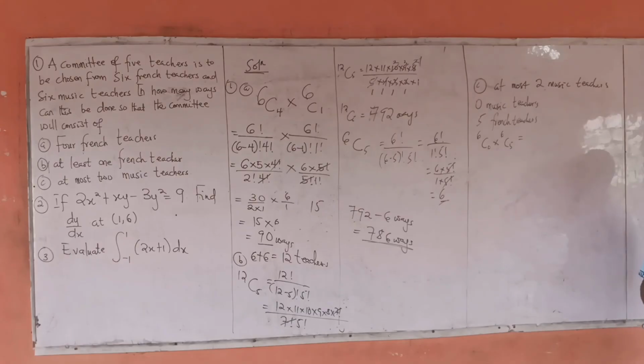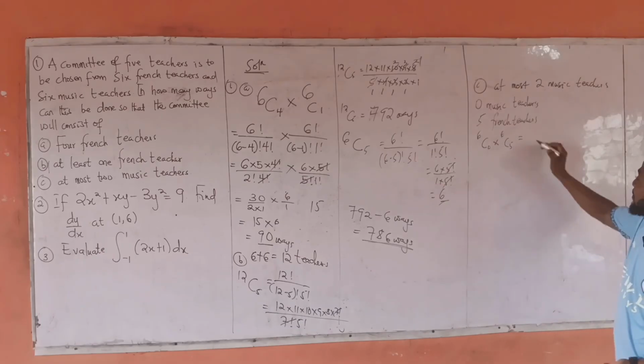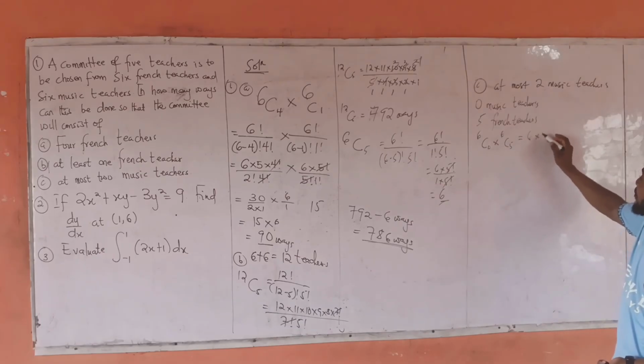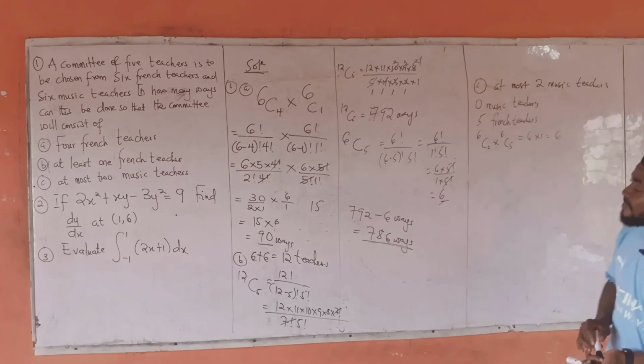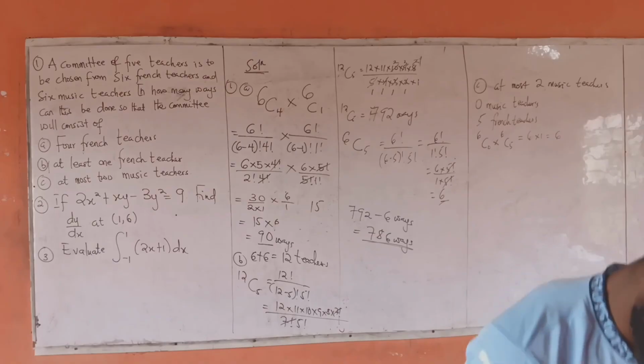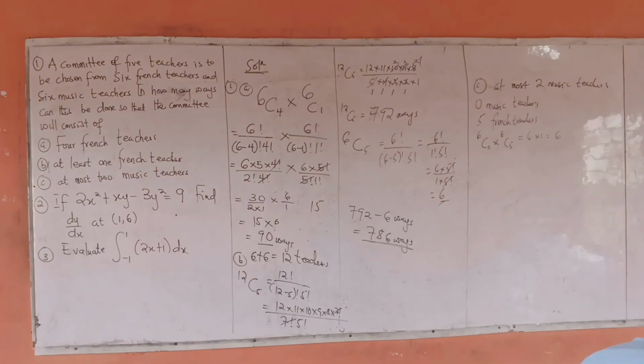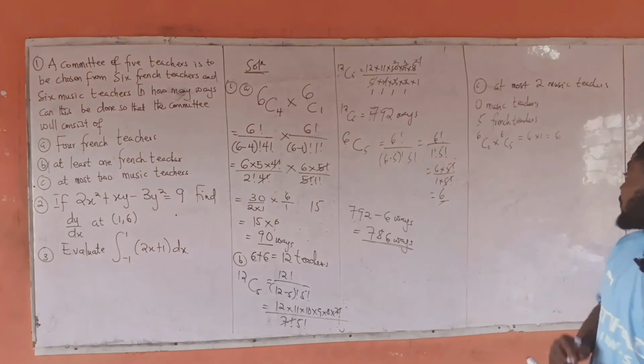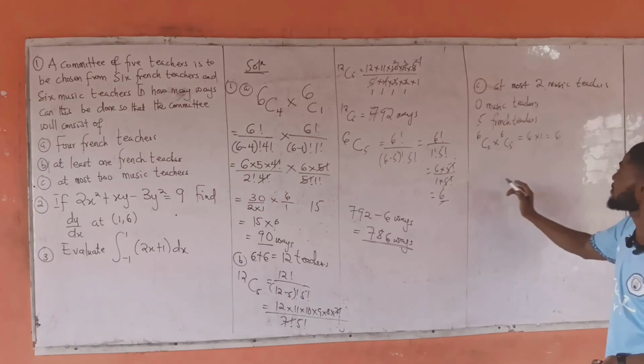So 0 factorial should give us 1. Now we know 6 factorial to be 6 times 1. That should give us 6, if I'm not mistaken. Yes, so this is going to give us 1, so 6.